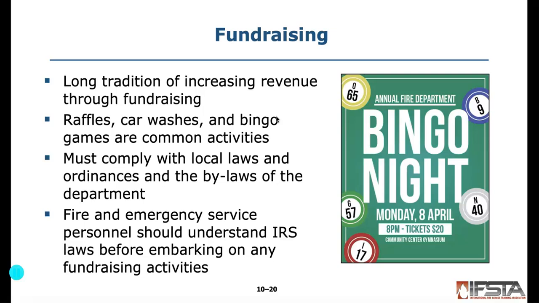The fire department can't just have a fundraiser for the fire department based on the structure of our city and the local laws, ordinances, and bylaws. Fire and emergency services personnel should understand the IRS laws before embarking on any fundraising activities. Now, our union can do fundraising activities, but that's specific for them. It doesn't necessarily go to fund the fire department.